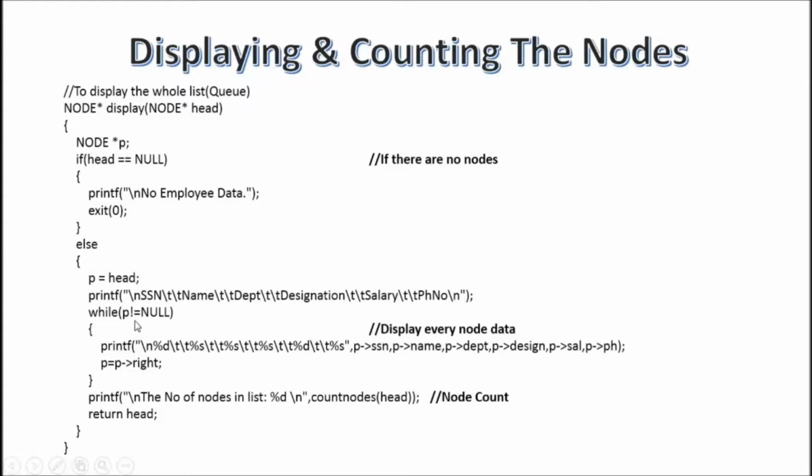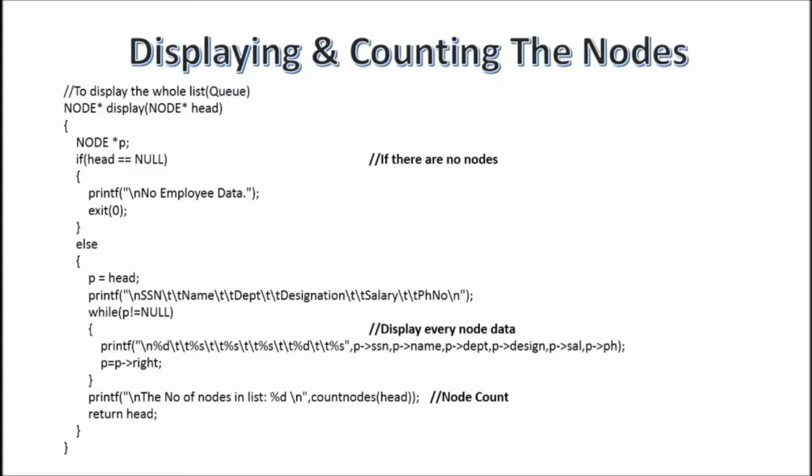What this condition will basically check is if the right link of the last node is null. So when it reaches the last node, the right link of the last node will obviously be null, and hence the loop terminates. And at last we say printf the number of nodes in the list is count nodes. We have another function here, and I'll tell you later how that function works, and we return head.